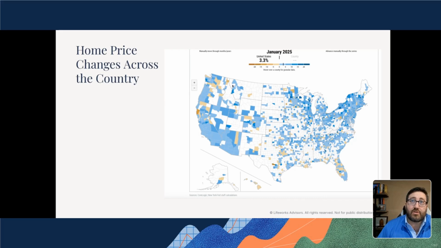This chart shows where housing values are still increasing in blue, and where housing values are currently decreasing in yellow. Notice that a lot of the yellow is in areas that are pretty fire ridden, as well as hurricane ridden. There's a pretty big concentration there.